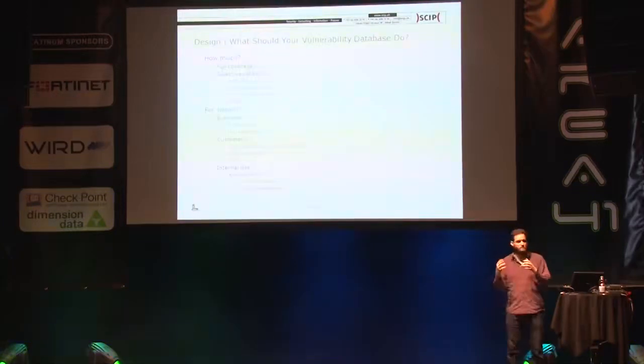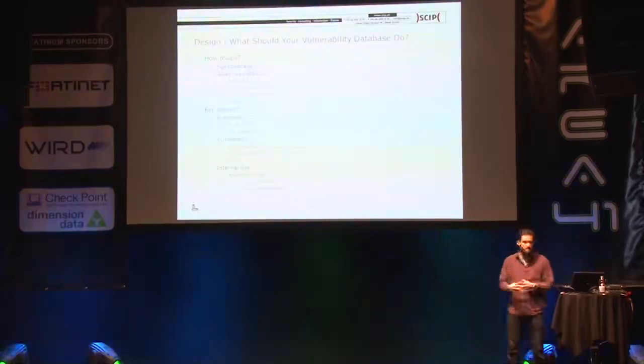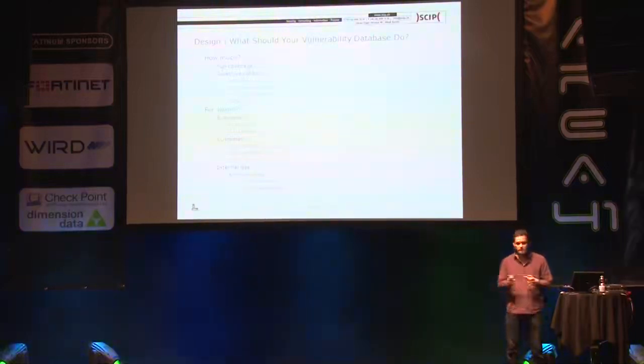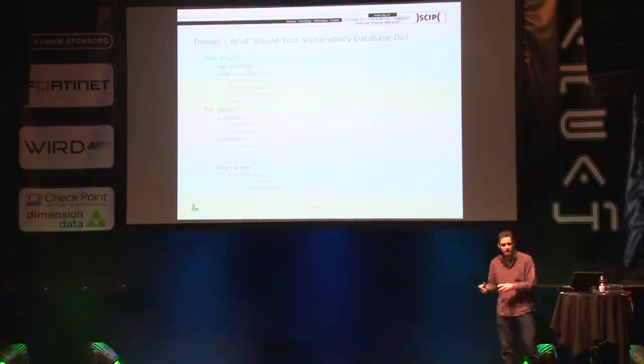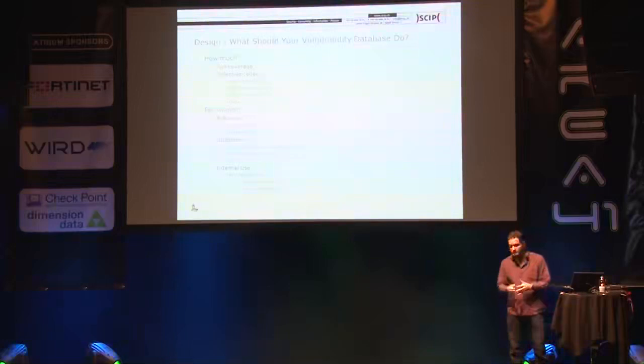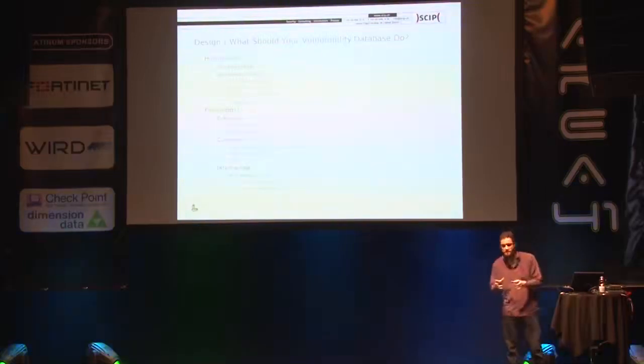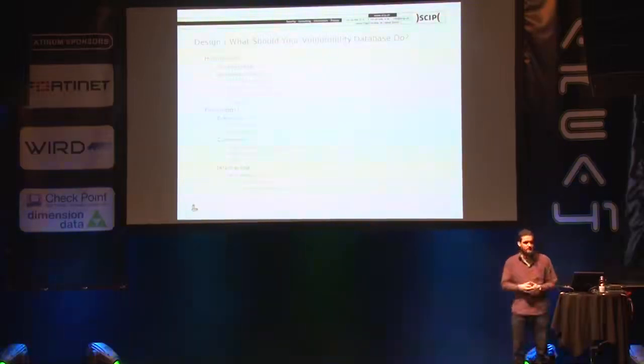You're going to add every vulnerability that there is, but this takes a lot of time. So most companies or vulnerability database vendors use a selective collection. For example, if you are a company and try to maintain a vulnerability database, you usually only add products that you have in your inventory.